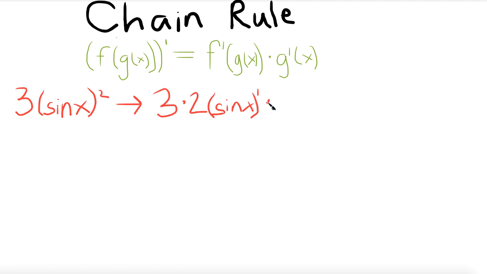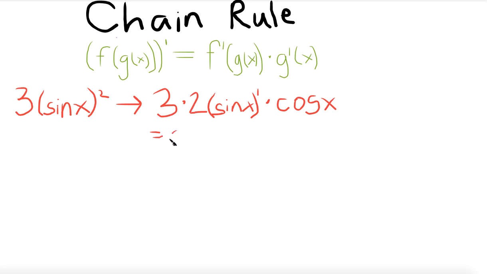And our inner function here is sine of x, because we calculate that first when calculating a value of this composite function. So the derivative of sine of x is positive cosine x, and that is our derivative. We can simplify that.